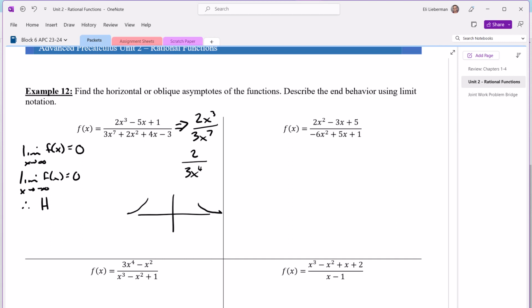Therefore, there is a horizontal asymptote y equals 0. Always true if the function is bottom heavy.